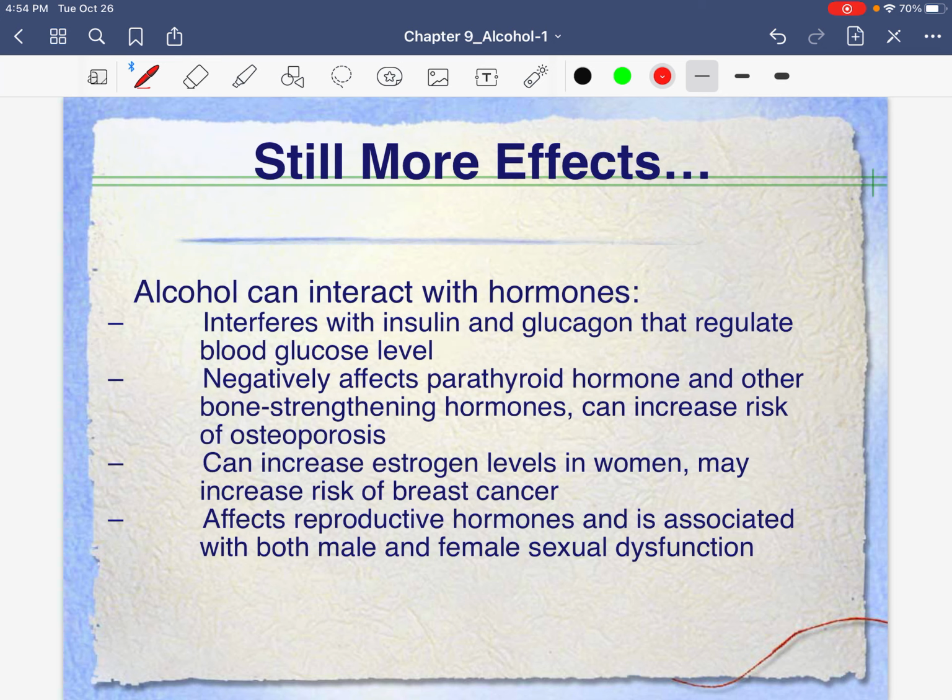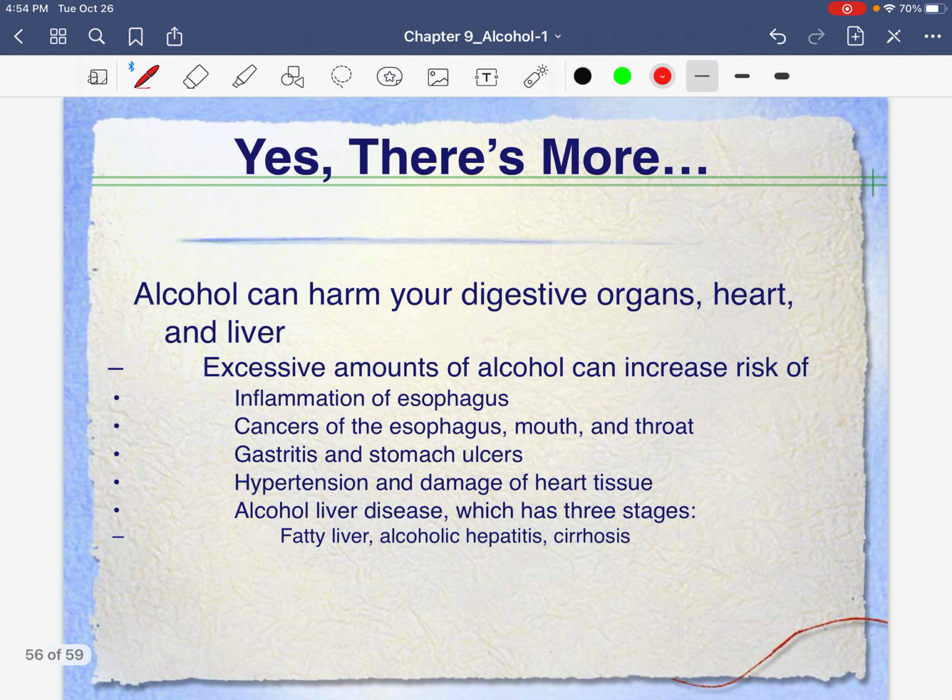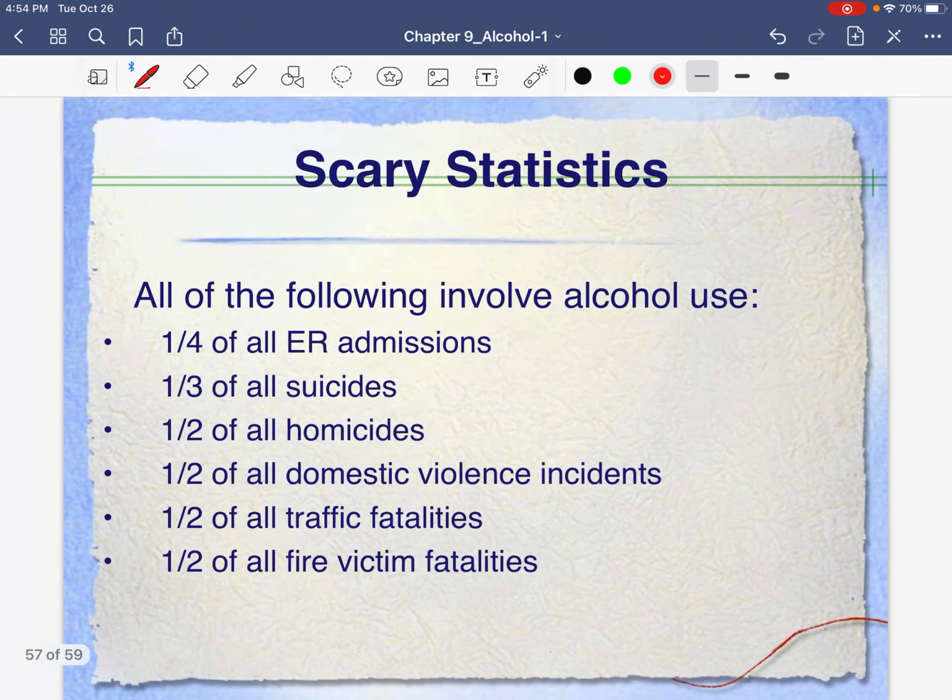All right, here's some other examples. You don't need to know these. I basically went all out because I wanted to scare you a little bit with all the negative effects. All right, and there's more. Oh my goodness, you don't need to know these, but there's even more. All right. These are older statistics, but my guess would be that they haven't changed a whole lot.